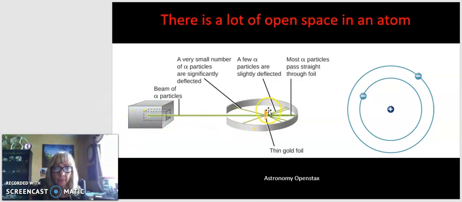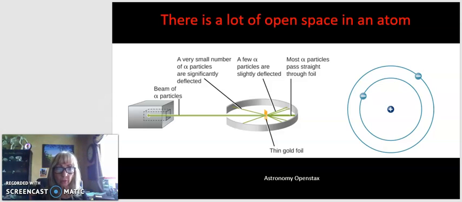So this experiment was done where they took a piece of foil, and the foil was made out of gold. It was extremely, extremely thin, hammered very, very thin. And they took particles that would come out of a machine and they hammered against that piece of foil, and they wanted to see what would happen. So when the particles would come out in this beam and they'd hit this piece of foil, some of them would go right through.